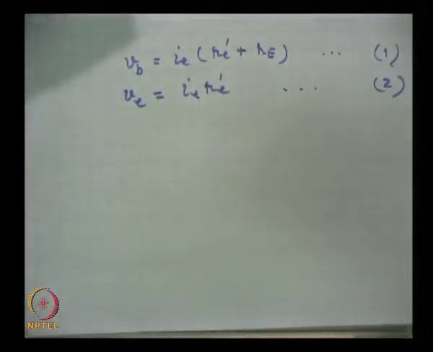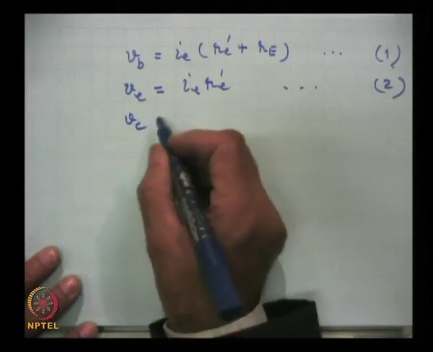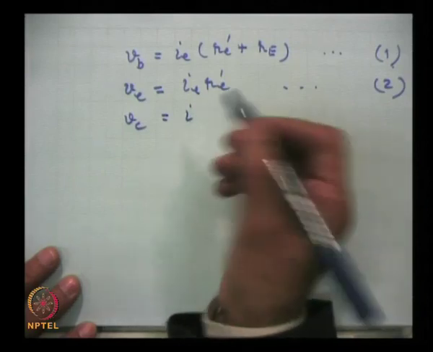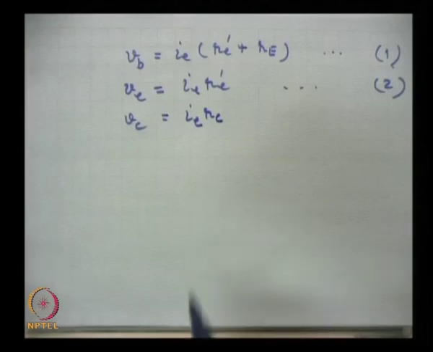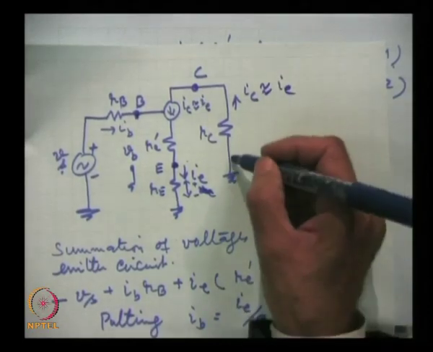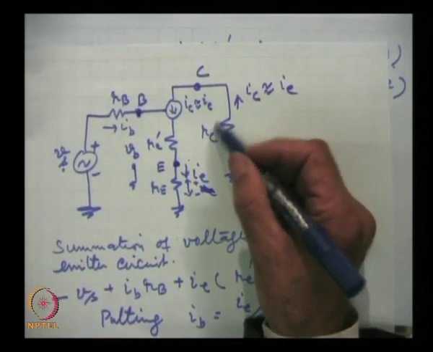And then Vc, the collector current is Ic, which we can write as Ie, and Rc. This Ic, which is same as Ie, is flowing through this lead. Then what is the voltage which we will observe across this?